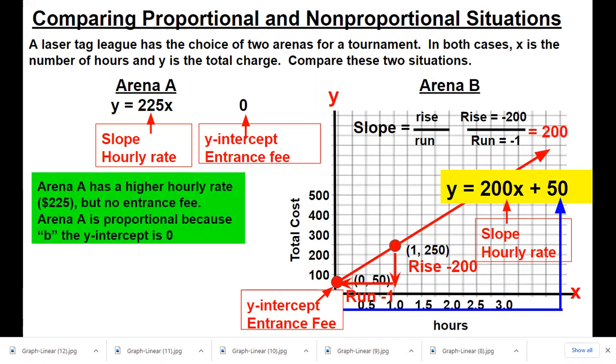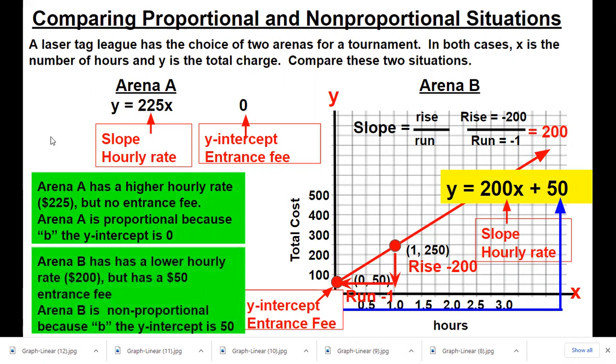Arena A has a higher hourly rate, but no entrance fee. Arena A is proportional because b, the y-intercept, is 0. Arena B has a lower hourly rate, $200, but has a $50 entrance fee. Arena B is non-proportional because b, the y-intercept, is 50.